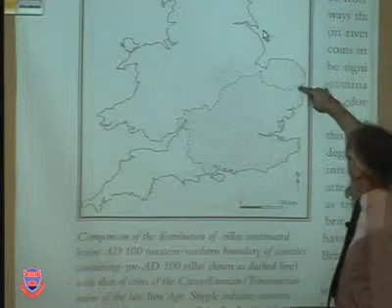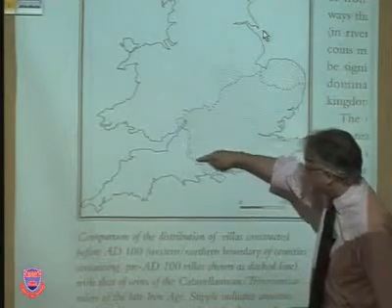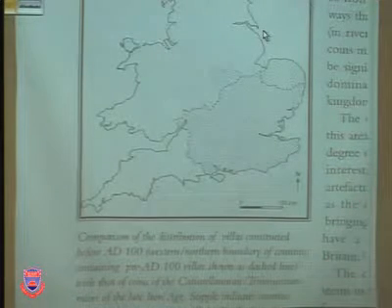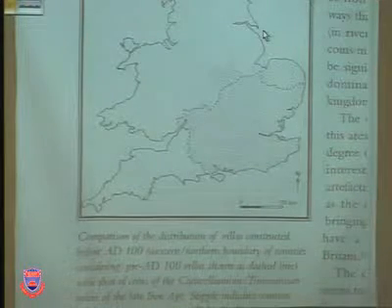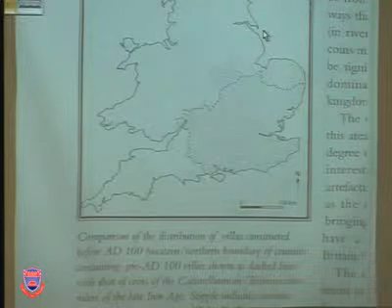Stipple indicates these counties. So this line here is the border within which, on this side, archaeologists have found villas which probably date before 100, so were created within the first 50, 60 years of Roman presence in Britain.